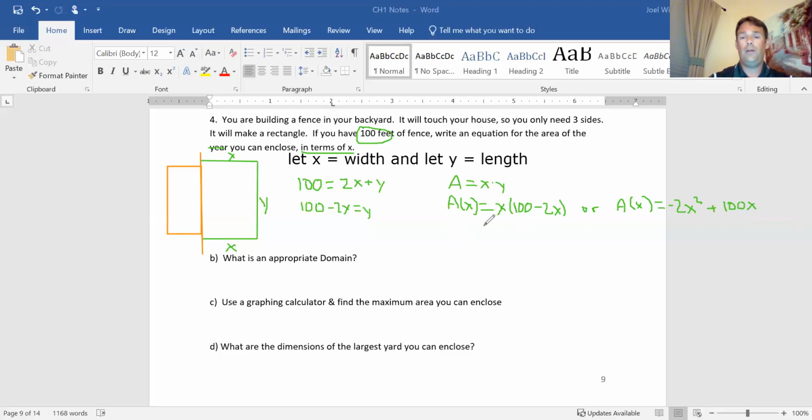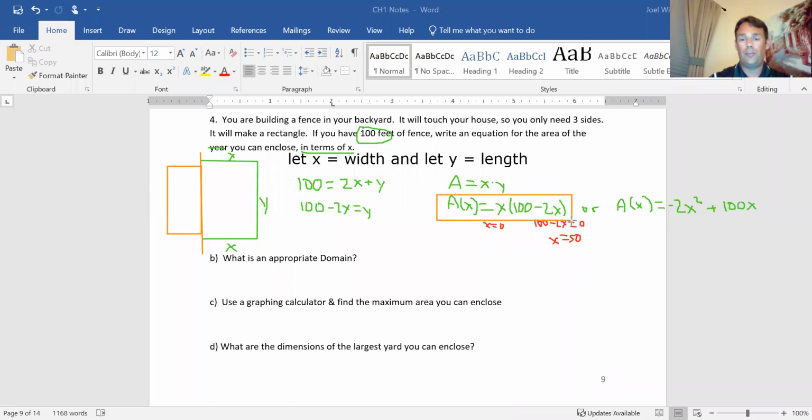If this is a parabola, my x-intercepts are 0, and if I set this equal to 0, I'd find the other x-intercept would be 50.